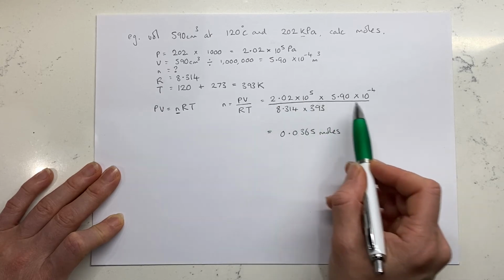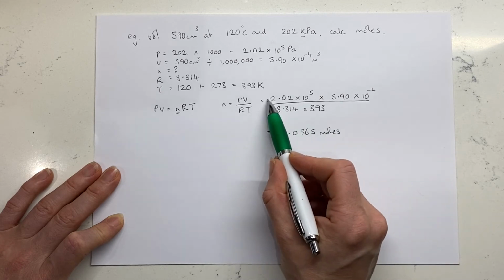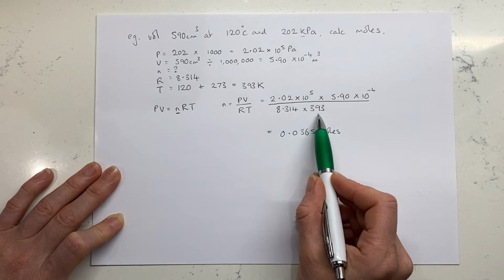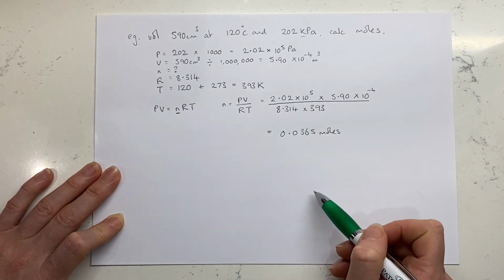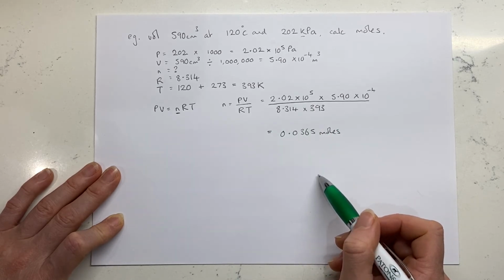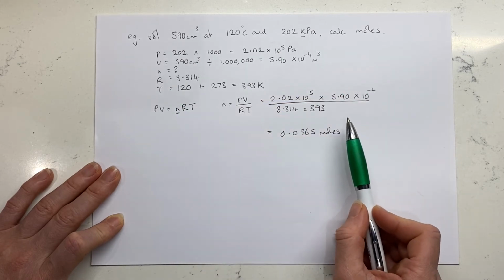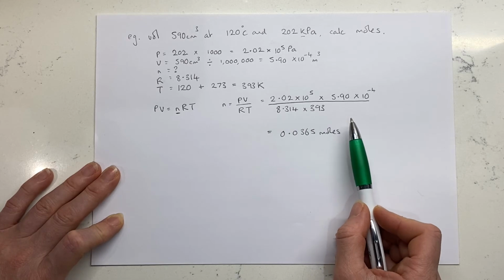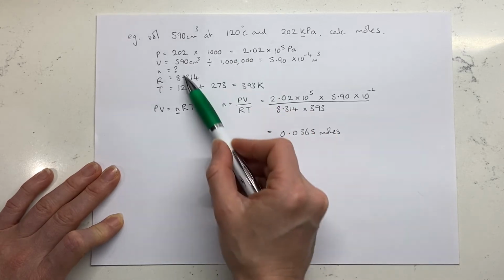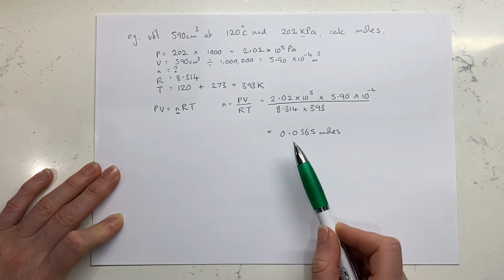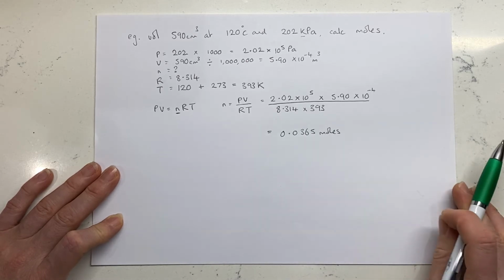As I said, you might also want to do lots of brackets, or you can always work out the top number, then work out the bottom number and do the division afterwards. So for this example in itself, it's not a complicated calculation. It's just about being careful with your unit conversions and then careful with how you enter it into your calculator.